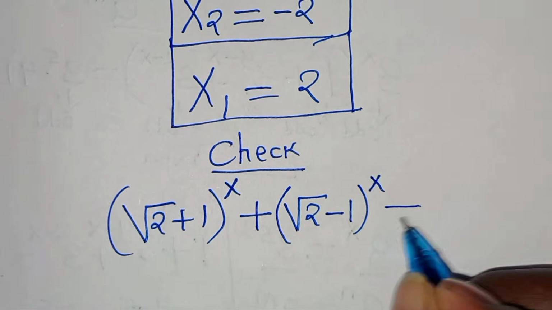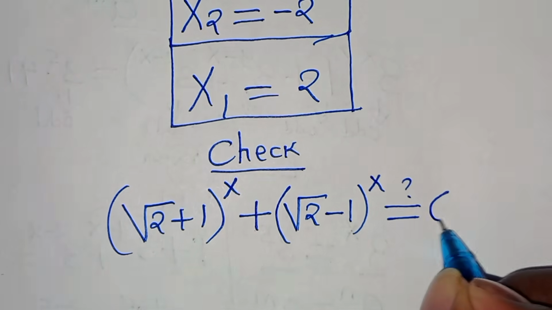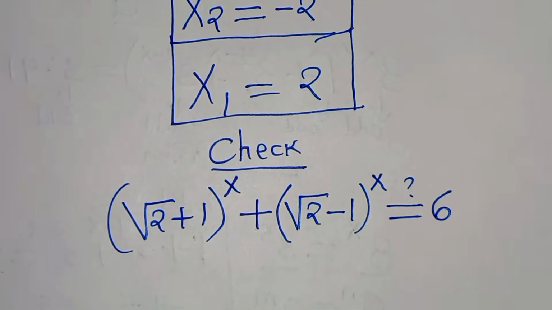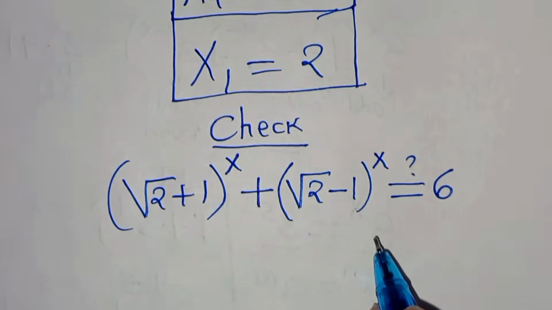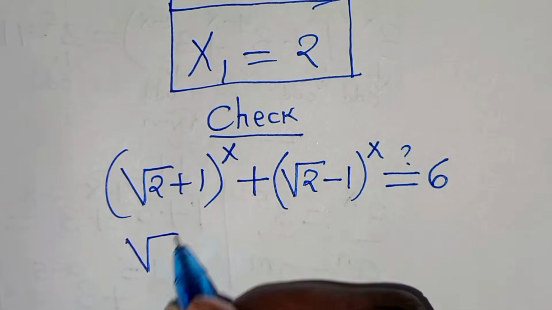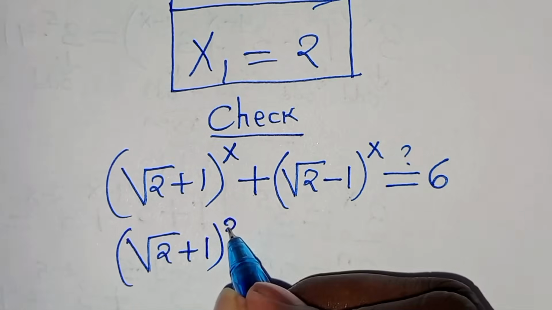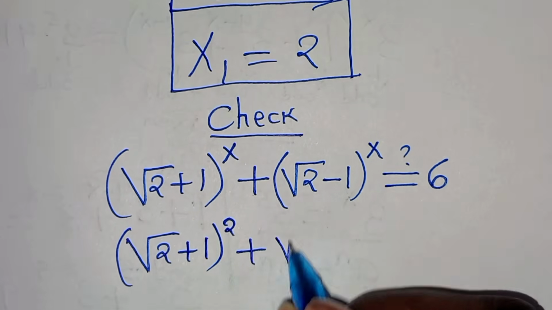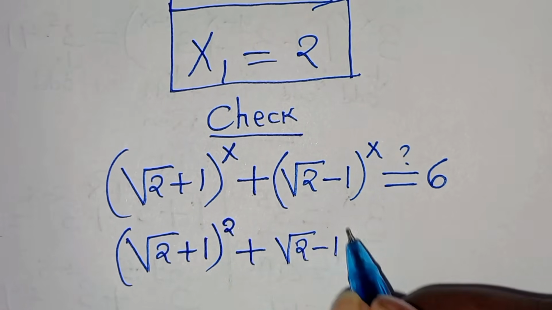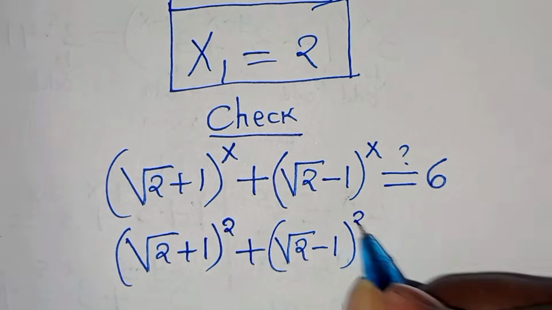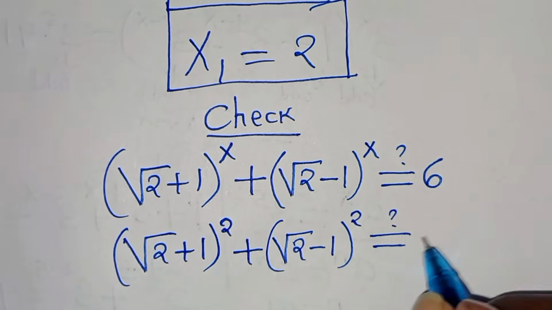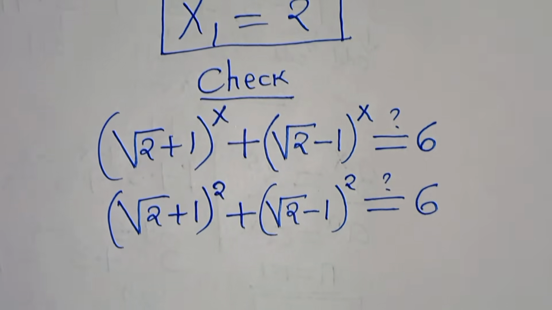This is supposed to give us a value of 6. Now, let's check with x equal to 2. So we have square root of 2 plus 1 raised to the power of 2, plus square root of 2 minus 1 raised to the power of 2. This is supposed to give us a value of 6.